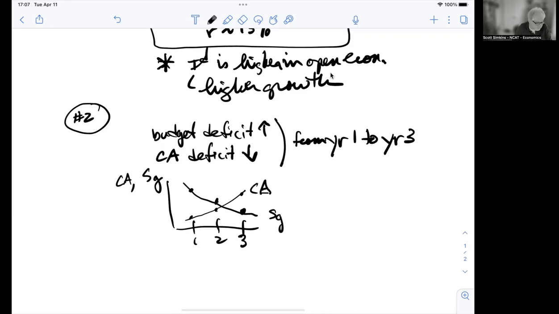So this is the current account balance. It's getting less negative. These are all negative numbers, but they're getting less negative, so it's increasing. They're moving in opposite directions. It's not a supply and demand curve. It's just plotting the data from the table.